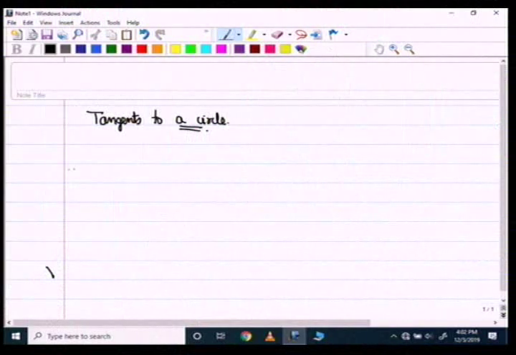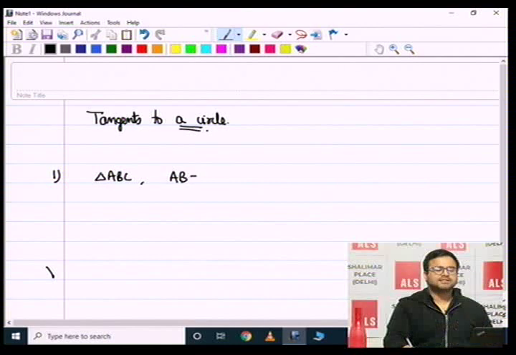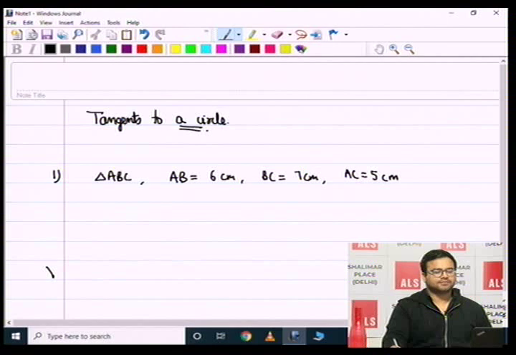So do this question, a very basic one. A triangle ABC is given. Let's say AB is 6 centimeter, BC is 7 centimeter and AC is 5 centimeter. The three dimensions of a triangle are given.